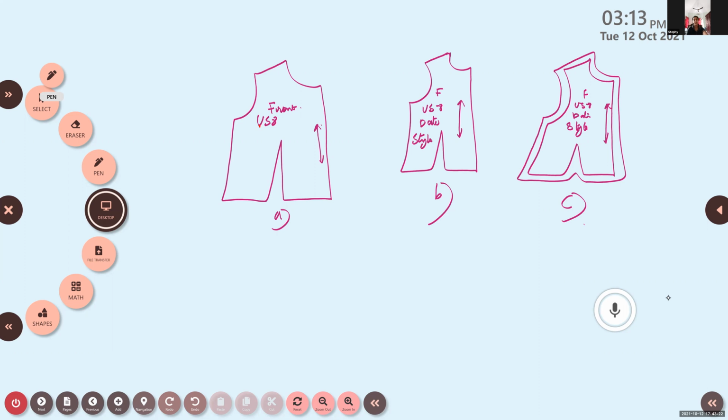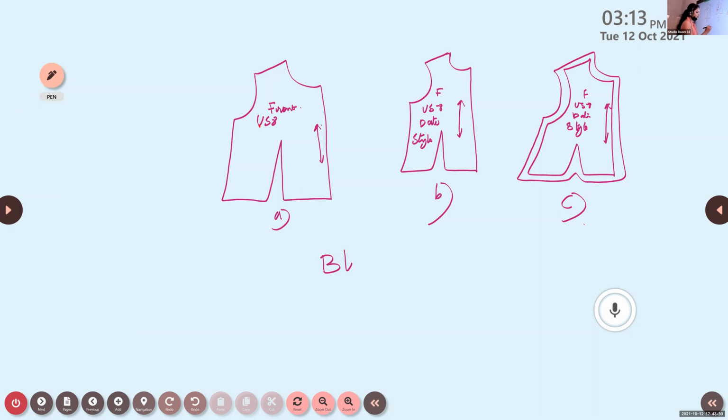Here you can see three options, A, B, and C, right? Which one of the following is a block and which one is a pattern?